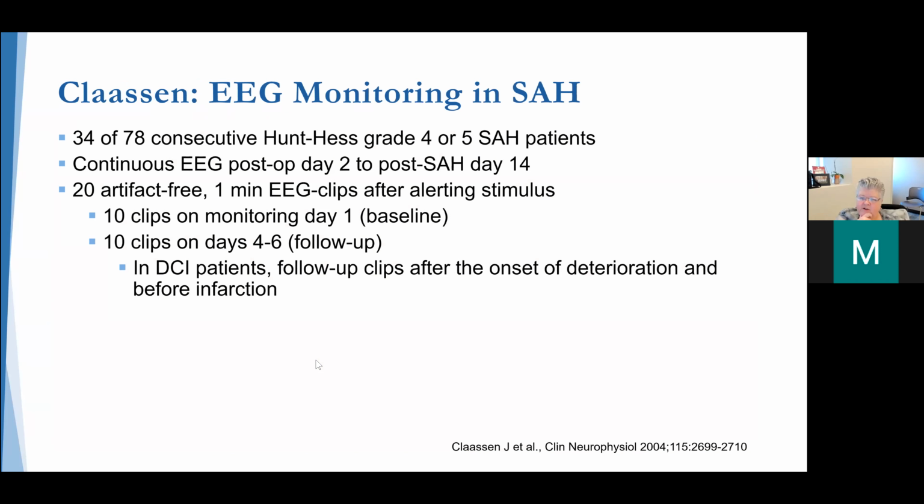Next, Clausen et al. looked at nearly 80 patients who had continuous EEG from post-op day 2 to post-op day 17.